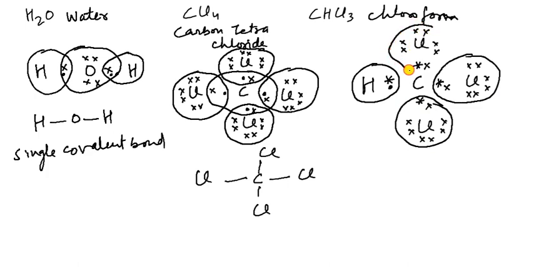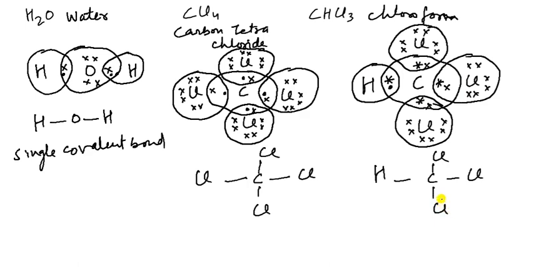Now let us see like this. It will share like this and this atom shares like this. And this will share like this. And this chlorine shares with the carbon electrons like this.